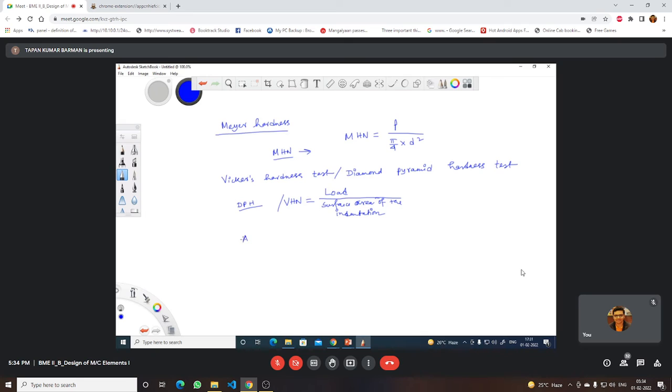As I said earlier, there are three scales A, B, and C. Here also there is one scale where, when the load is applied, there is one dial, and using that you can see the value corresponding to the dial, and from there you can say, yes, this is the Rockwell hardness number. That is one particular number. For scale A, probably the load is 60 kg. For scale B, it should be about, I think, 100 kg, and for C it is 150 kg.